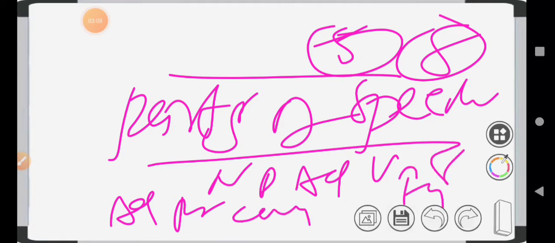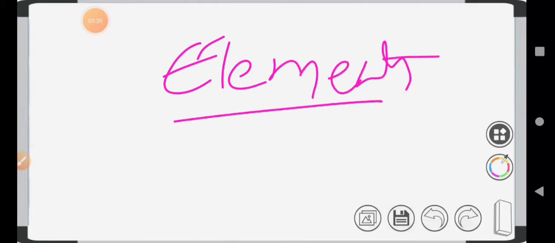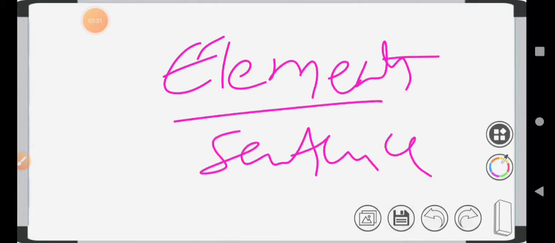This is an entirely different topic, and it does not belong to the parts of speech or class of the word. But we are talking here about the basic elements in a sentence, not in a language, in a sentence.